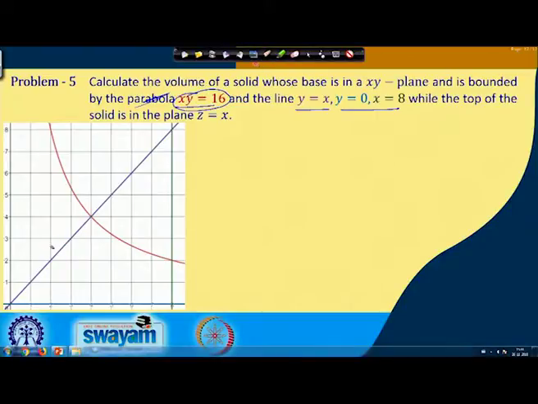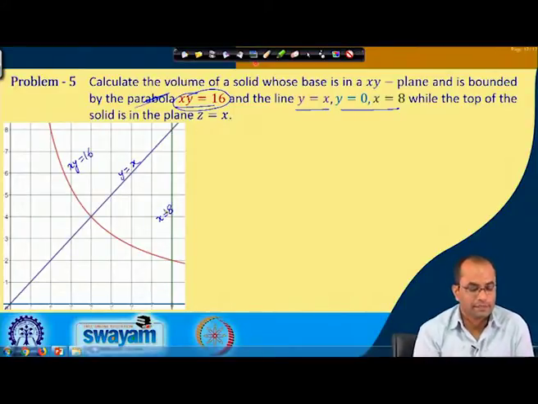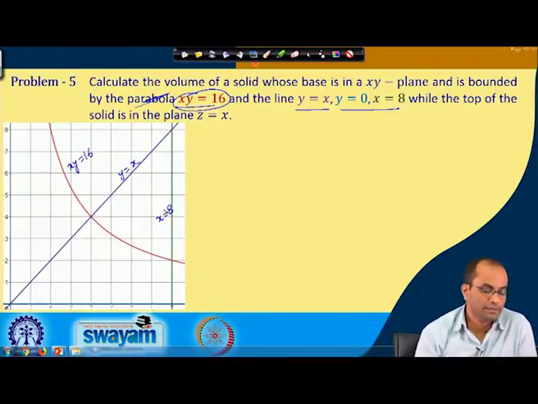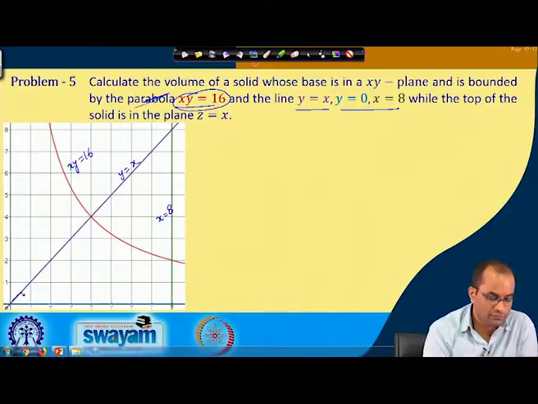So, again let me just mention: this is y equals x, and we have xy equals 16, and in this case x equals 8, and the region enclosed by these 4 curves. So, this is not the region, this is the region by these 4: the 1st, the 2nd, the 3rd and the 4th.